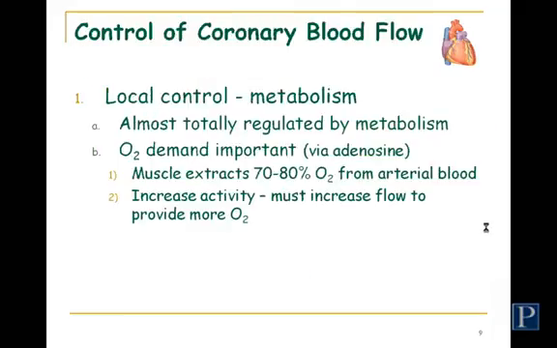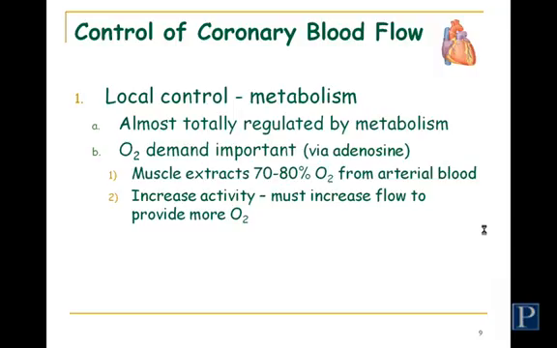Now, the regulation of coronary blood flow is primarily intrinsic control. It is control of vascular tone by metabolism, local control of blood flow. It's almost completely regulated by metabolism. One of the most important means by which it does this is its demand for oxygen, which is mediated through adenosine.